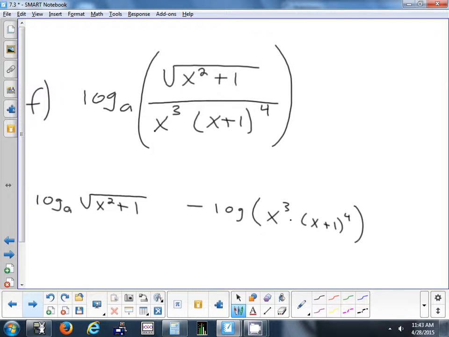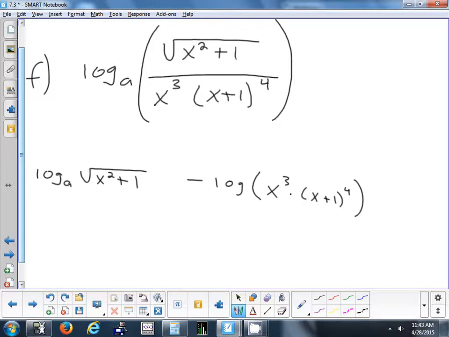So now at each step, you're going to be simplifying it and kind of breaking it apart. So you're not going to have as much complicated stuff in each part. Let's take the first one. The square root of something. We talked about this earlier. Instead of writing the square root, what else can I use? Don't those cancel off anyways? Not when it's addition. If it was multiplication, yes.